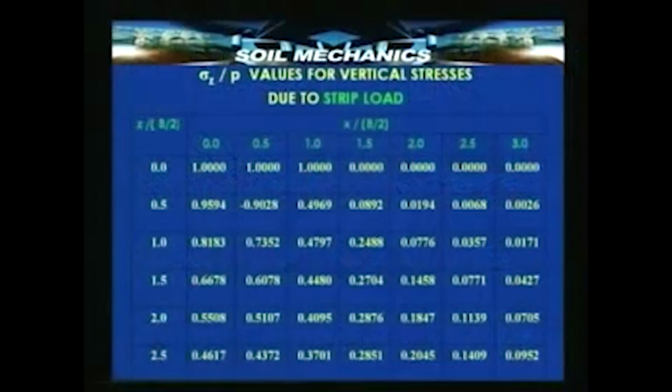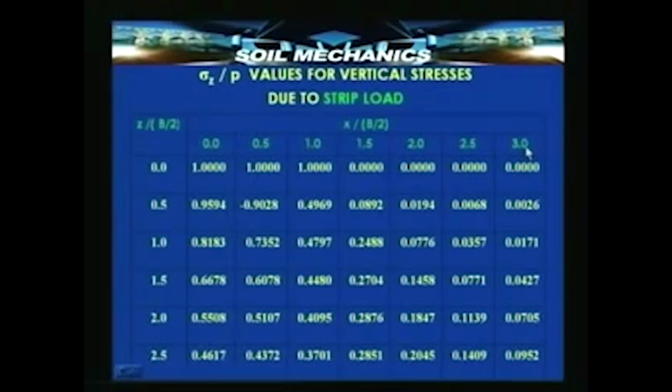Now, if we have a strip load, then we use a different chart in which z and x, the coordinates in the two directions, are given in non-dimensional terms and influence coefficient values are available in this chart.